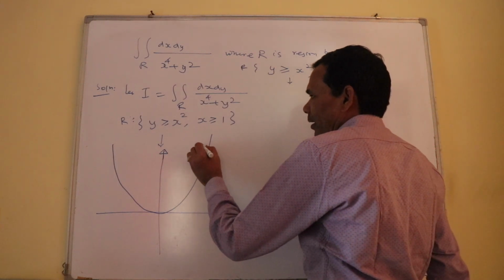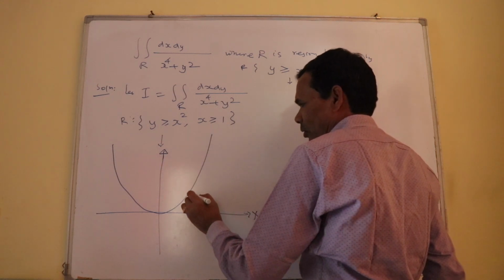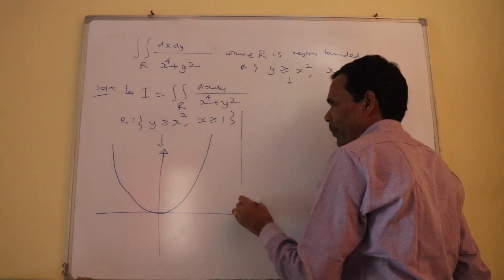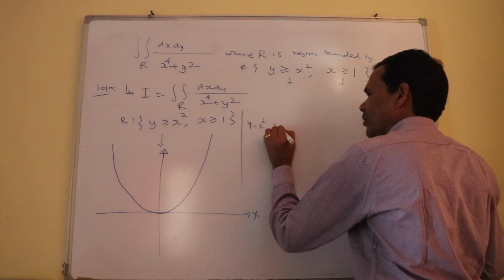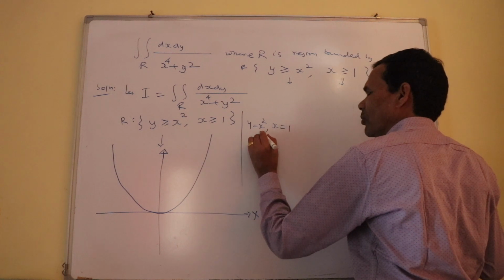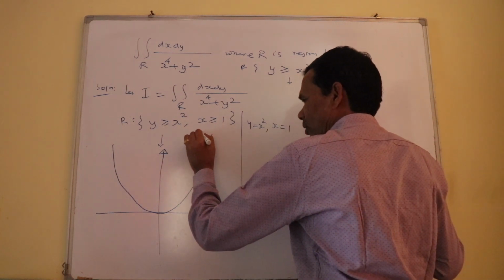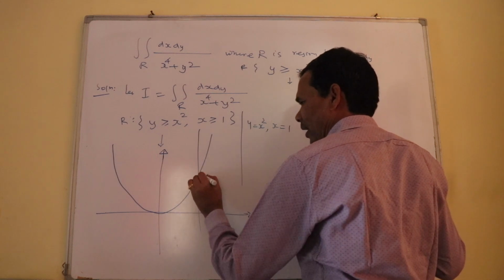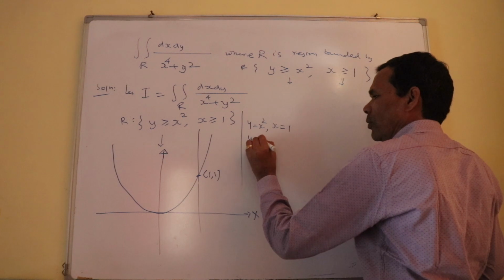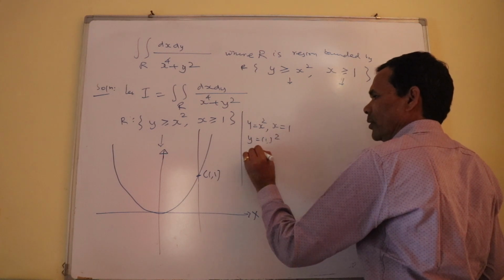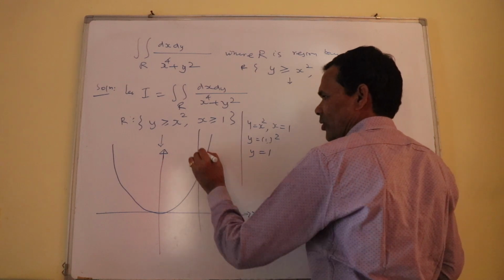And this one x greater than 1, x is equal to 1, we find the point of intersection, y is equal to x square and x is equal to 1. If I put x is equal to 1, y is equal to 1, so the point of intersection of the parabola and the straight line is 1, 1. x is equal to 1, y is equal to 1 square, so y is equal to 1. 1, 1 is the point of intersection.